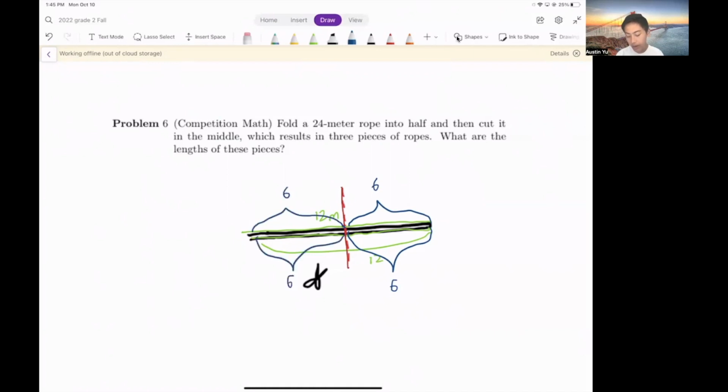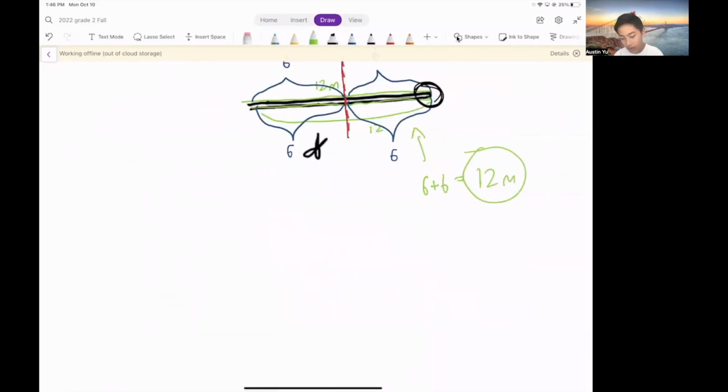So there are 4 pieces of 6, but the reason there are 3 pieces of rope is because this part in black is still connected. So therefore, this part is just 6 plus 6 equals 12 meters. So one part is 12 meters and the other parts are just 6 meters. So there's a 6, 6, and 12. So these are the measurements of the 3 parts in meters.